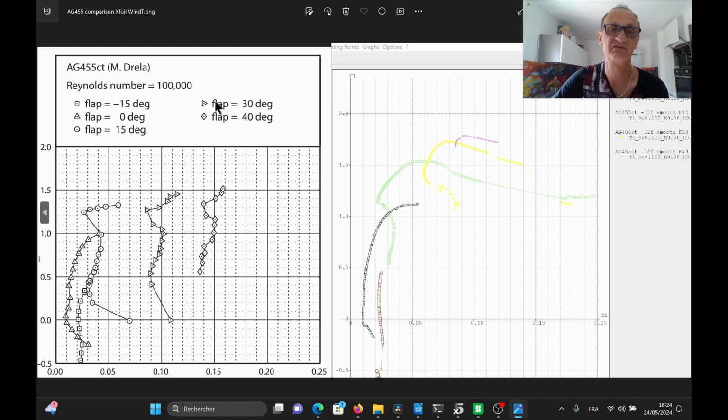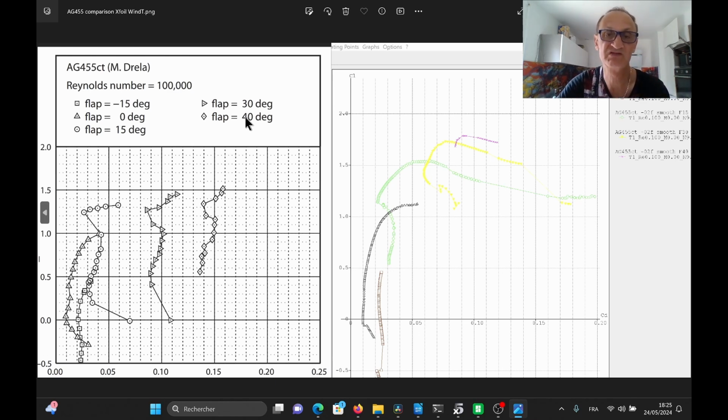When we look at the profile with a 30 degree flap here with a triangle, and we compare to the yellow curve in the graph on the right, we can see that normally the yellow curve should be shifted totally to the left and should be shifted along the 0.10 axis, which means that we have an underestimating of the drag of something like 50% or 40% at least. The drag is highly underestimated.